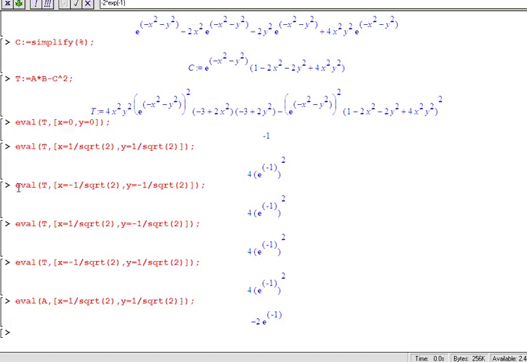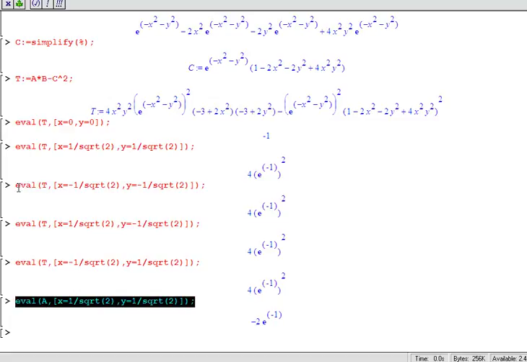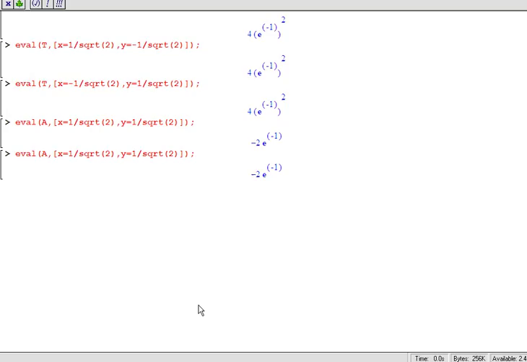And we're going to copy and paste that again 3 times. Delete, insert. All right, let's evaluate f of xx at these critical points.